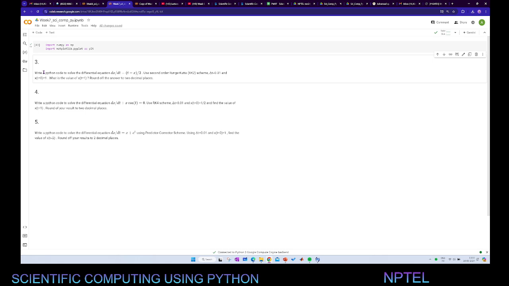The first of them is: write a Python code to solve this equation dx by dt is equal to t minus x by 2, and the method is RK2. Delta t is given, the initial condition is given, write the final answer. So the syntax remains the same in all the questions. So let's do it.